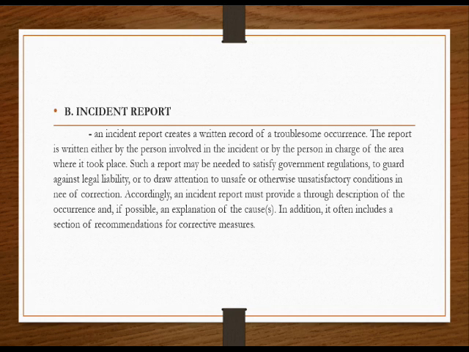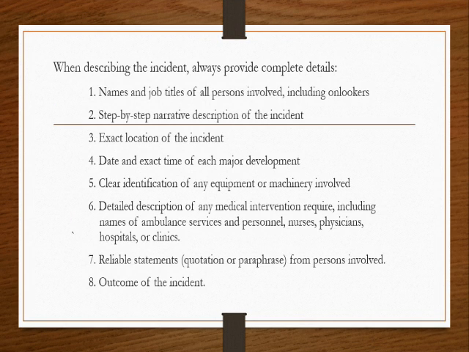Accordingly, an incident report must provide a true description of the occurrence and, if possible, an explanation of the causes. In addition, it often includes a section of recommendations for corrective measures.